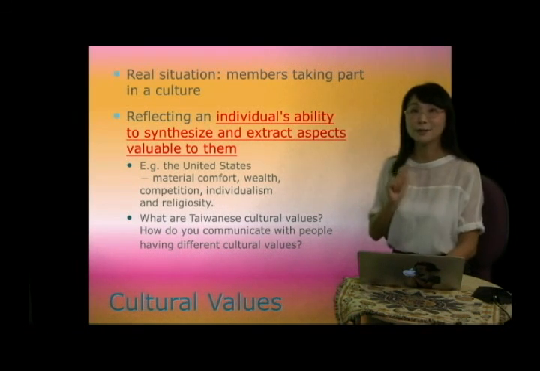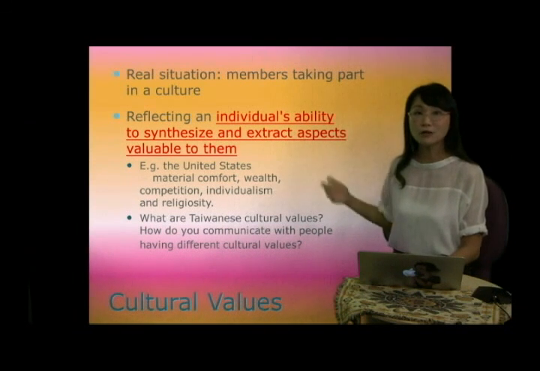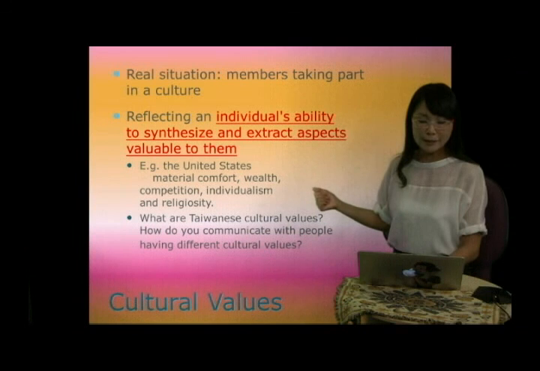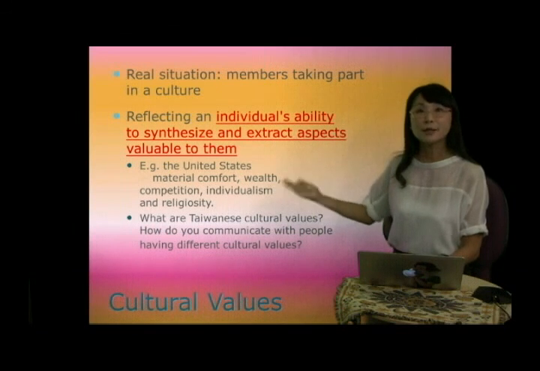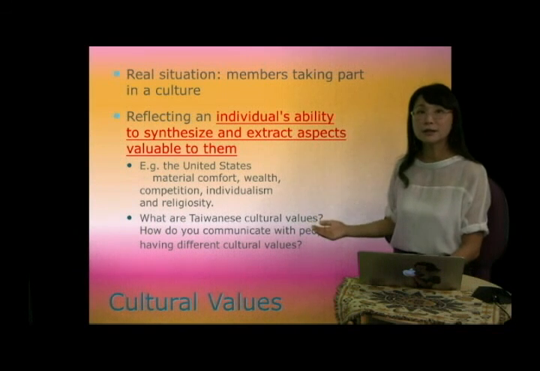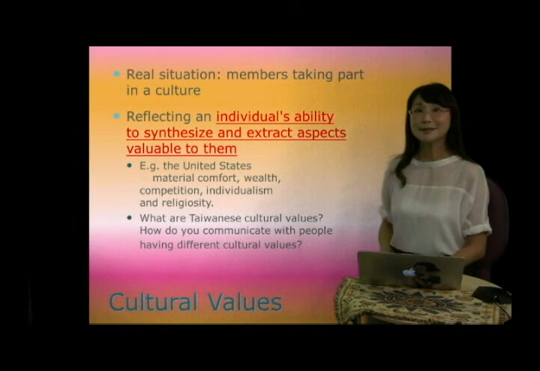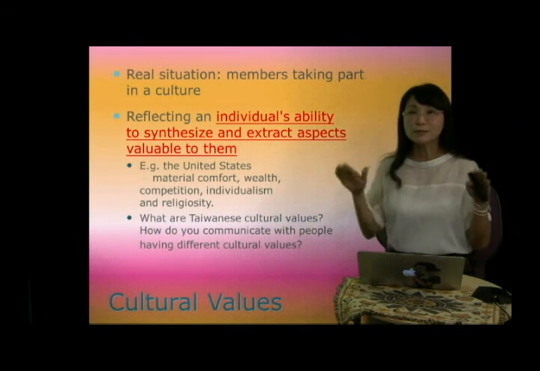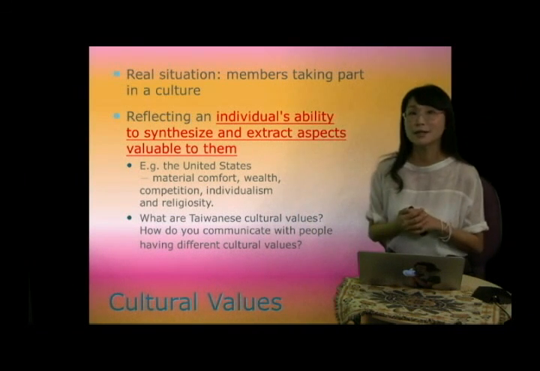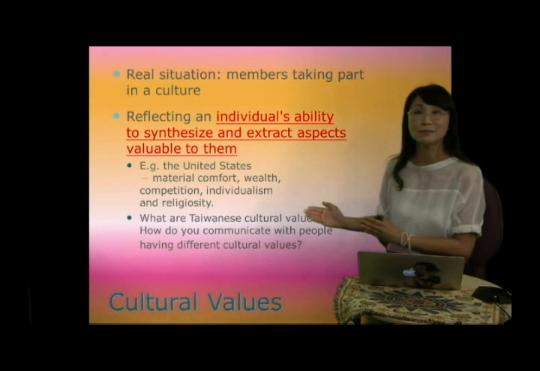It means that, for example, in the United States, the mainstream cultural values would be material comforts, wealth, competition, individualism, and religiosity. But for the group of members in this country, maybe not everyone agrees with all these mainstream cultural values.